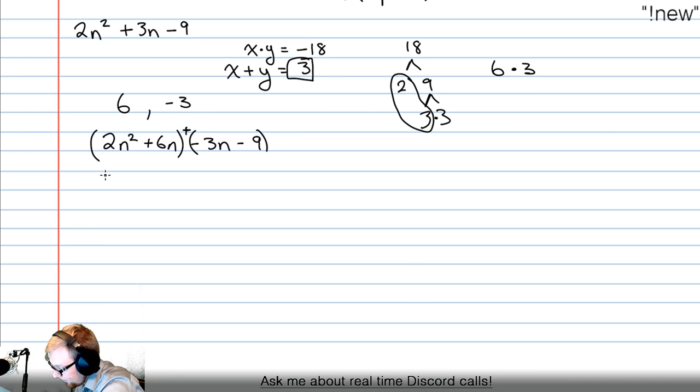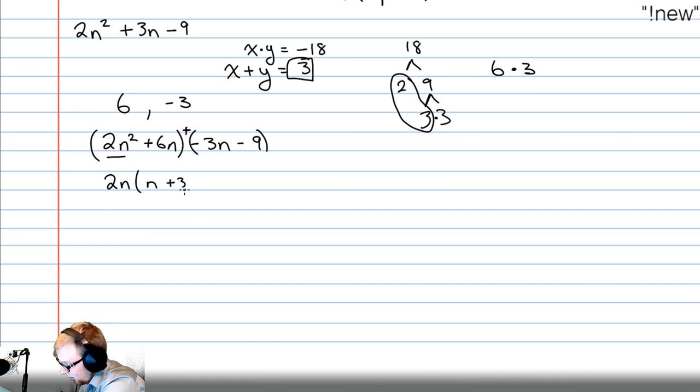So, how are you grouping? Like that. And then your common factor is going to be n. Or 2n. Okay, 2n. And you're left with n plus 3. Good.